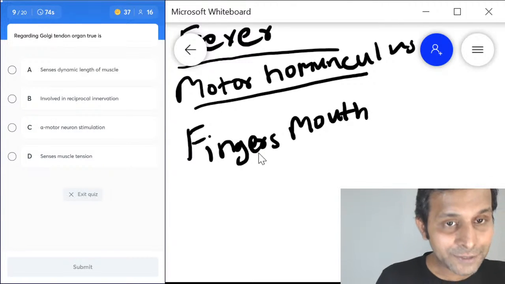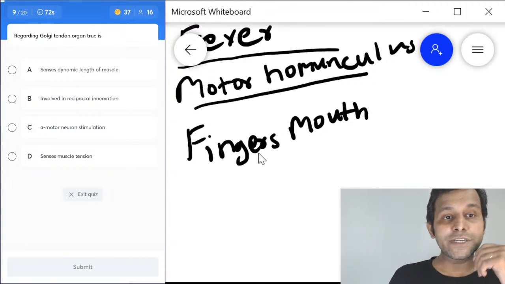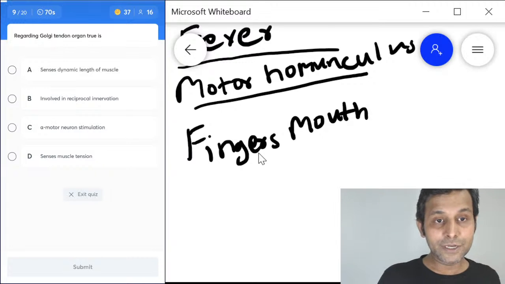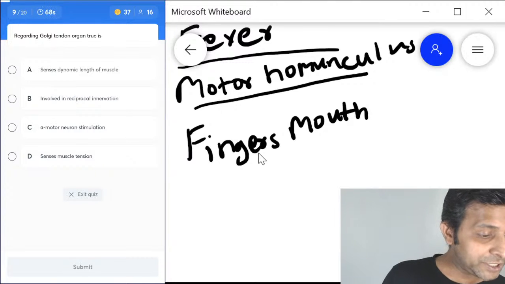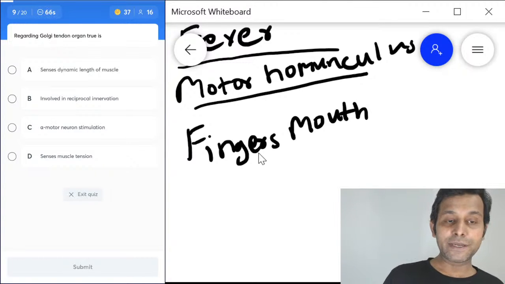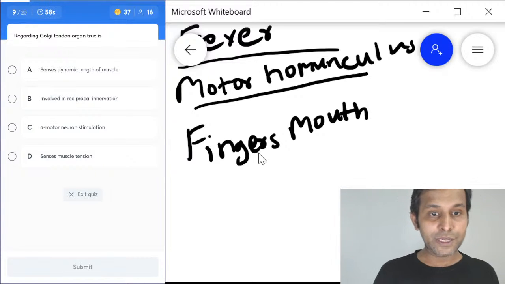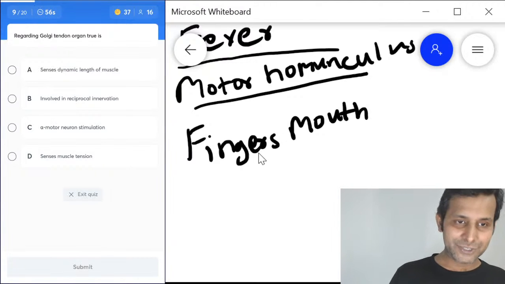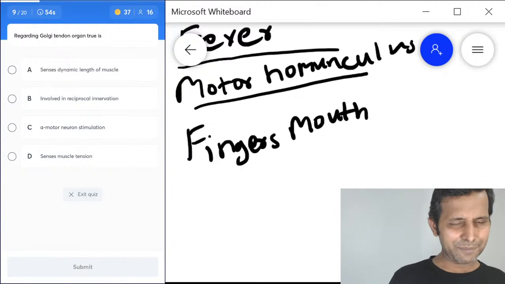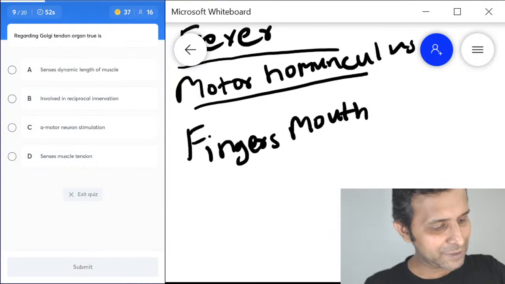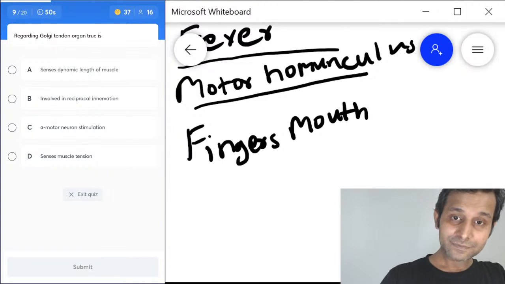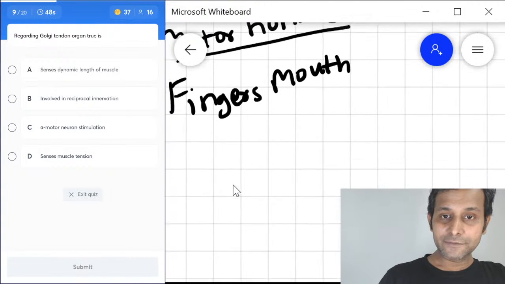Going to the next question. Regarding Golgi tendon organ, the true statement is: it senses dynamic length of the muscle, it is involved in reciprocal innervation, alpha motor neuron stimulation, or it senses the muscle tension. Yes, again a very simple question. GTO is one of the topics which was very much emphasized in today's session.